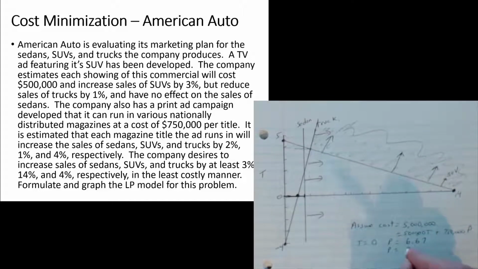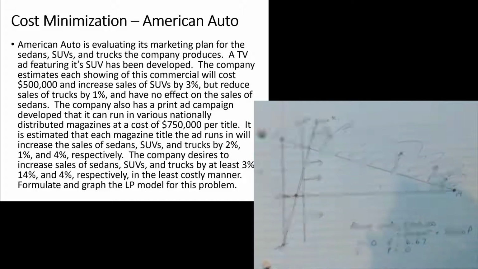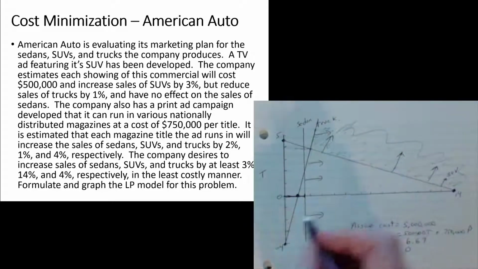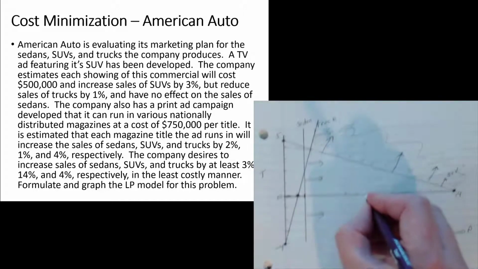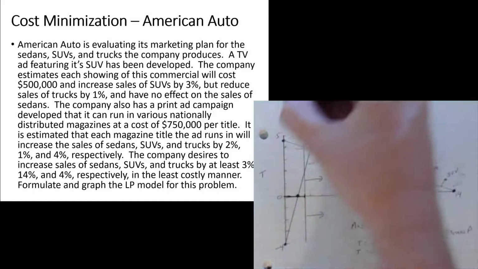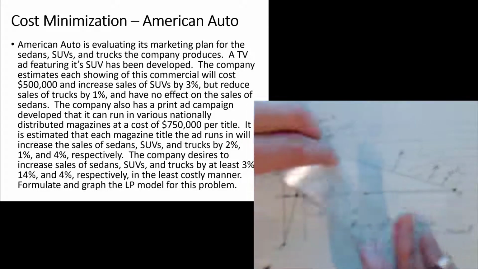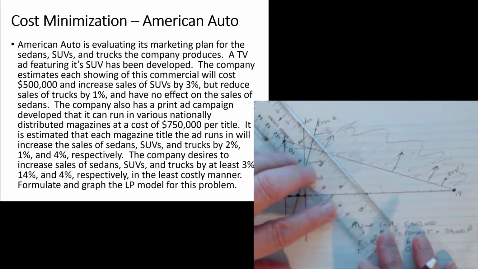And if P equals 0, T equals 10-ish. Okay, so when we draw this out on this particular graph, we got 1, 2, 3, 4, 5, 6, and there's 1, and then it's really high.